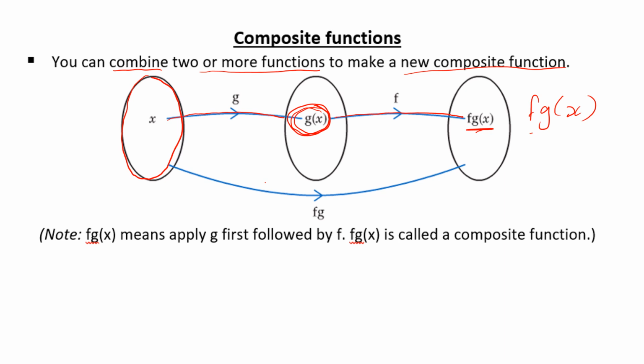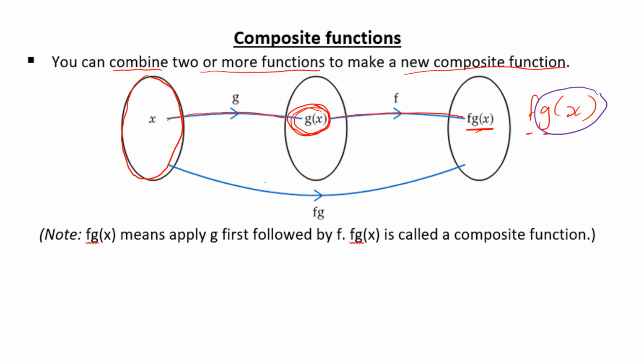Even though the f is written first and then the g, we perform it in the opposite order. We would do g first of all, and then we would perform function f to that. So the note underneath, fg of x means apply g first, followed by f. Fg of x is called a composite function.